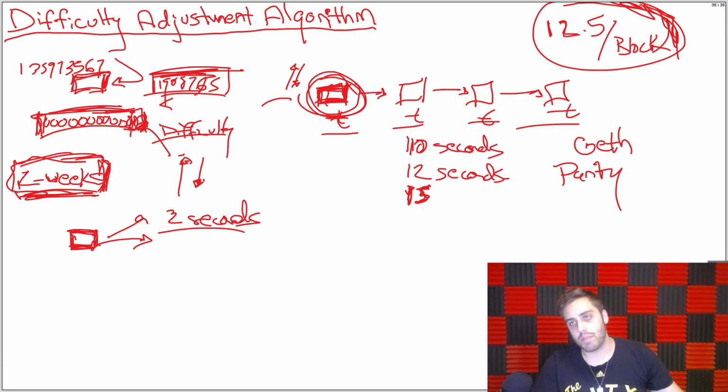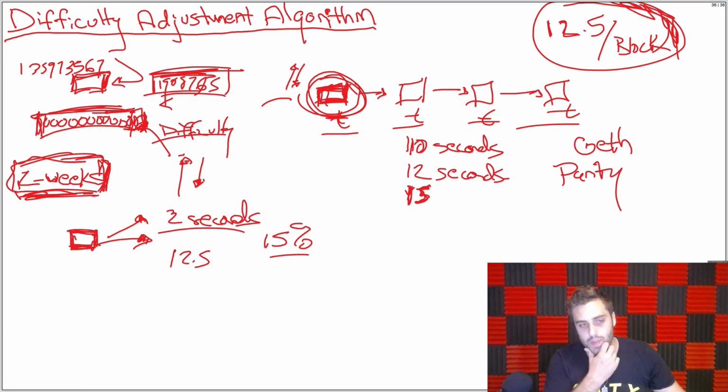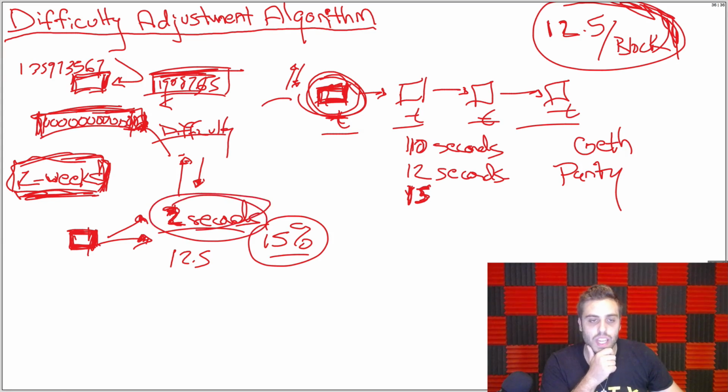But if the block time is 12.5 seconds, well, then the latency is 15% of the entire block time to mine the next block. So this miner would have a 15% advantage looking for the next block because of the latency for other miners to receive his valid block. So you have a centralization risk of people taking advantage of this latency when you have small block times.